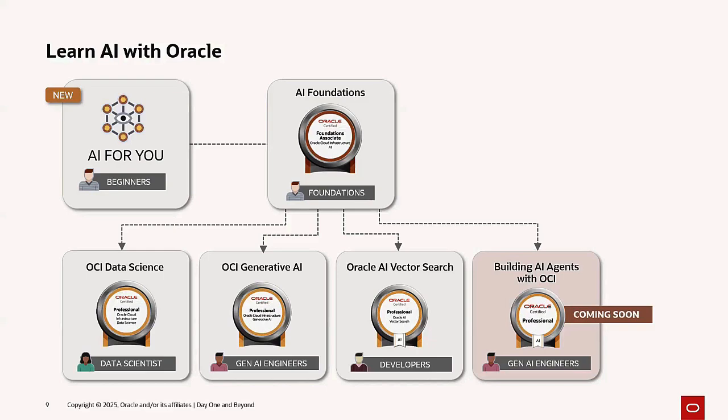Now you can move to foundations, and that's the broader view of how Oracle manages AI. And then if you want to take deep dives and further pursue artificial intelligence, then you can follow the data science path, the generative AI for engineers and developers, and coming soon, we have the Gen AI engineer certification.